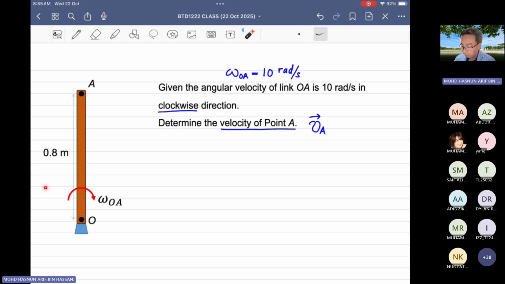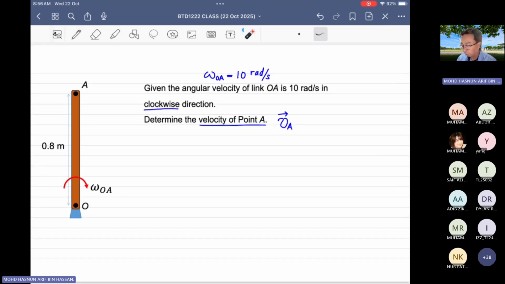We know that this whole thing is rotating clockwise like this. If you cannot imagine the trajectory, basically the trajectory of point A will be like this. A will make a circle around point O, a big circle with point O as the center. This is how A will travel.